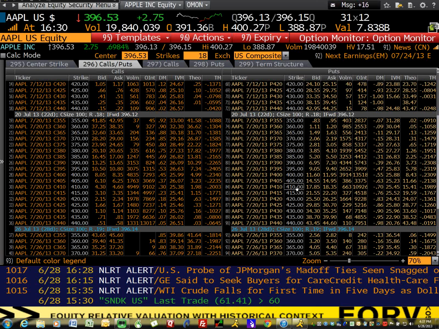Now, you can also see that there is a difference between the call implied volatility and the put implied volatility. That's something called the skew, and we'll touch on that later on, but it's not really that relevant to this discussion, at least for today.